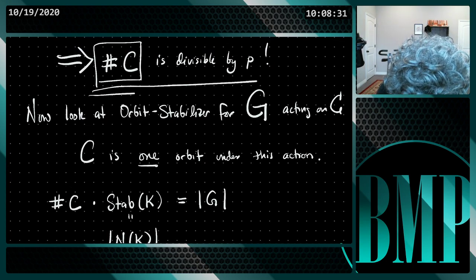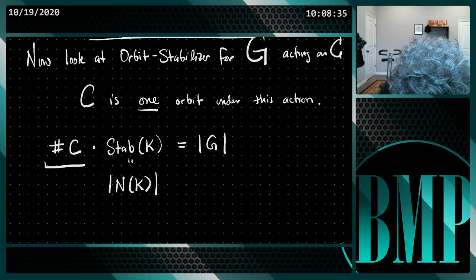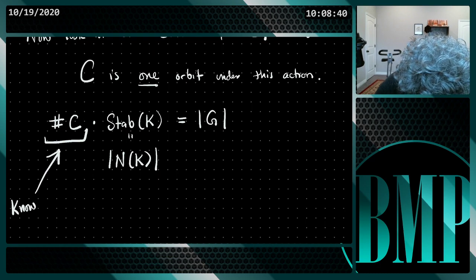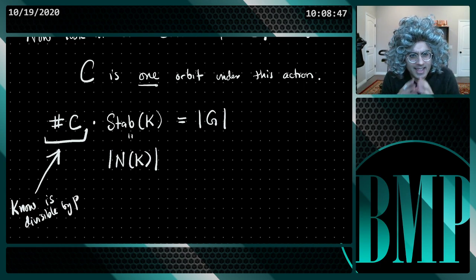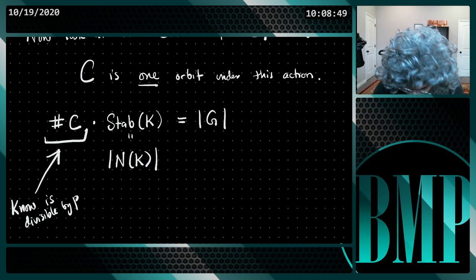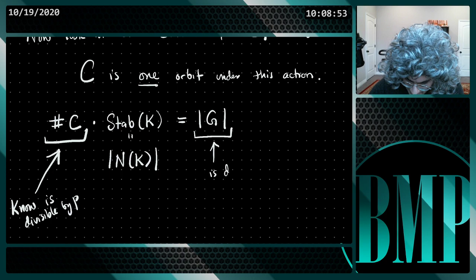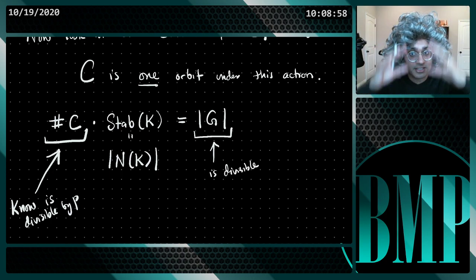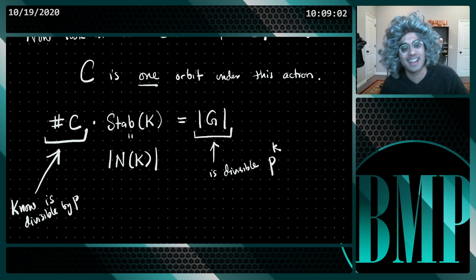We have that the size of C is divisible by the prime P. So this part, we know, is divisible by P. We know that the order of G is divisible by P to the K, that's the largest power of the prime.